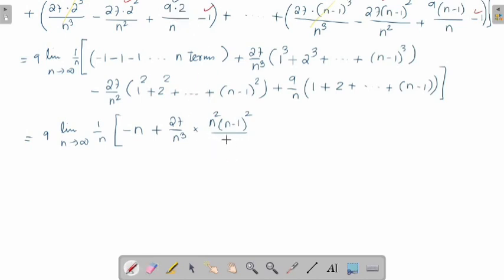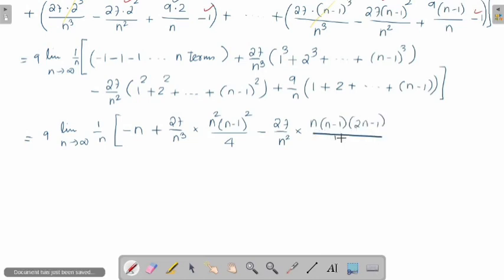I'm sure you are able to understand this. In place of this I have written this much. We have minus 27 by n square. Now you have already seen the value of this from the earlier problem. It is exactly n into n minus 1 into 2n minus 1 divided by 6, right? So this is the value.